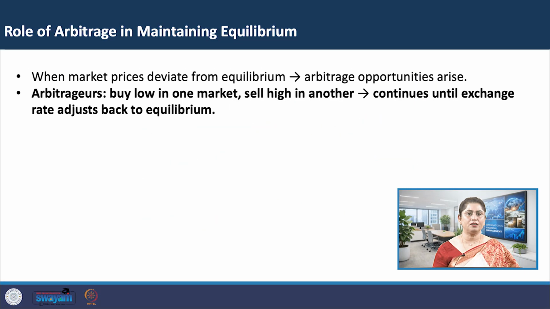An arbitrageur is a sharp, rational market participant whose entire business model is to spot and exploit exactly these kinds of price differences. He will always pounce on this opportunity immediately.